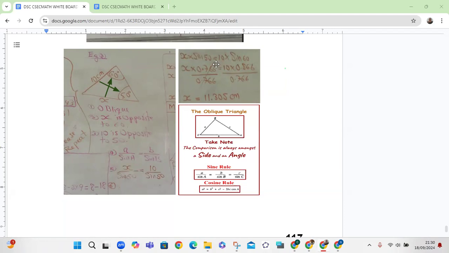And then we find out what is sine 50, which is 0.766. We find out what is sine 60, 0.866. And then we divide to cancel out 0.766 to solve for X. If you divide on the left, you've got to divide on the right. So 10 times 0.866 divided by 0.766 is 11.305 centimeters, approximately, to 3 decimal places.